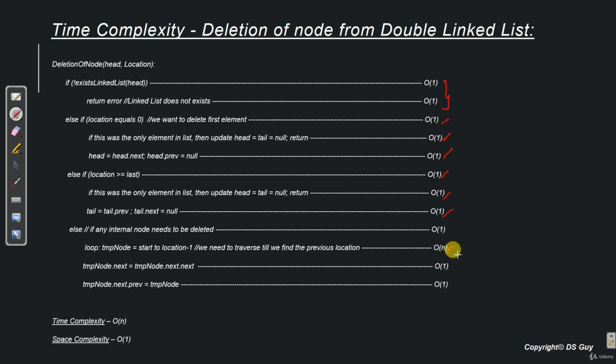Once we have identified where we have to delete the node from, there are a few reference variables that need to be updated, which again will take constant time. So now if we add all of these time complexities, it will amount to order of n. Now the space complexity is order 1 because we are using some temporary variables here and there, nothing more than that. So that is all for this video.